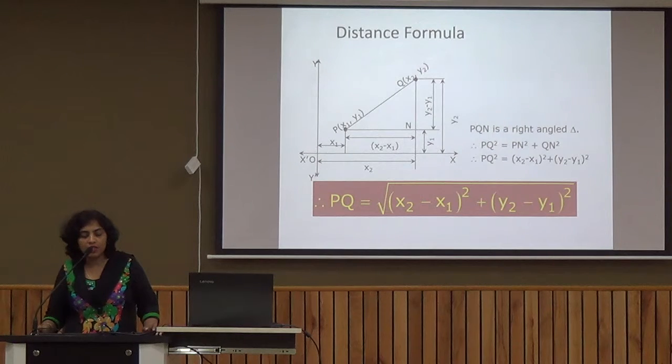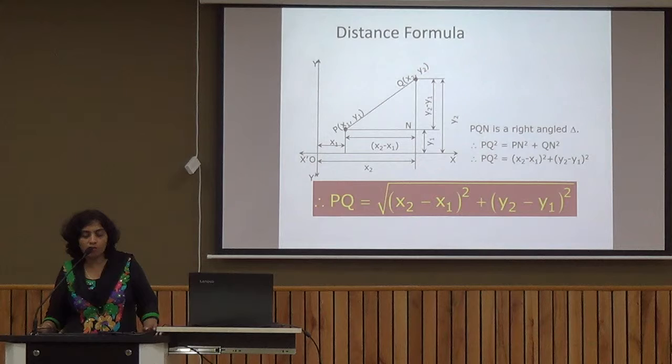So let's take triangle PQN. When we draw a line through P parallel to the x-axis and a line through Q parallel to the y-axis, intersecting at point N, we get a right angle triangle PQN.